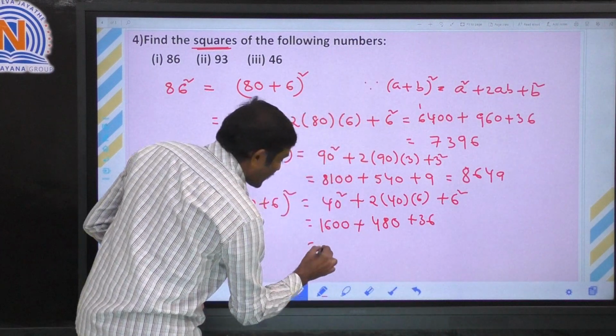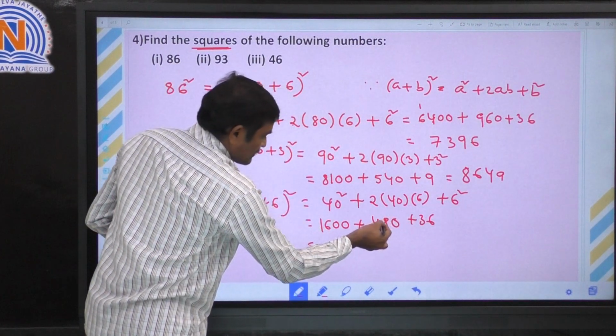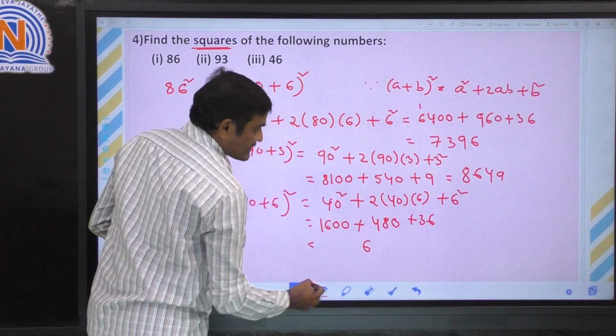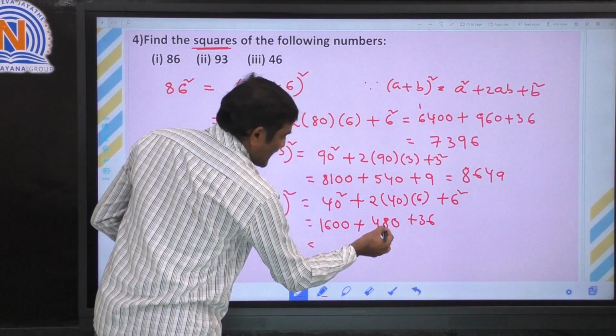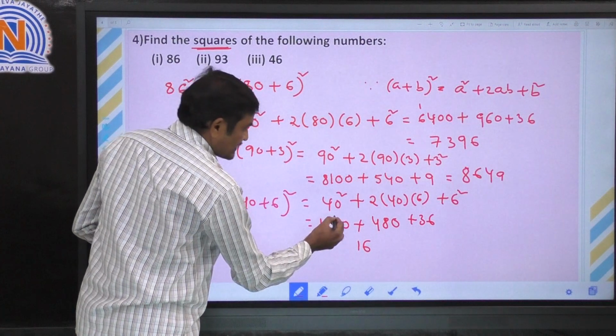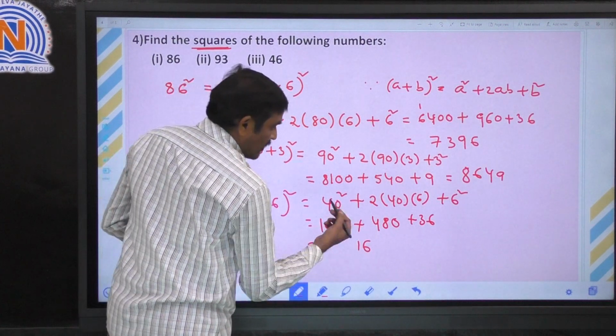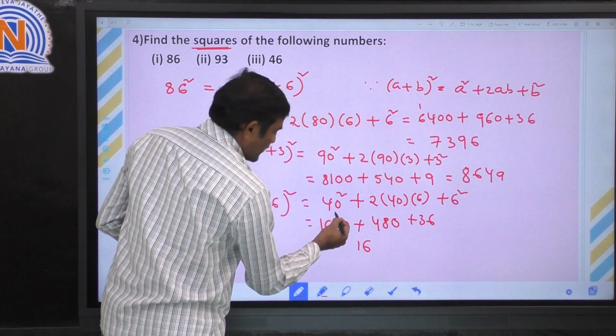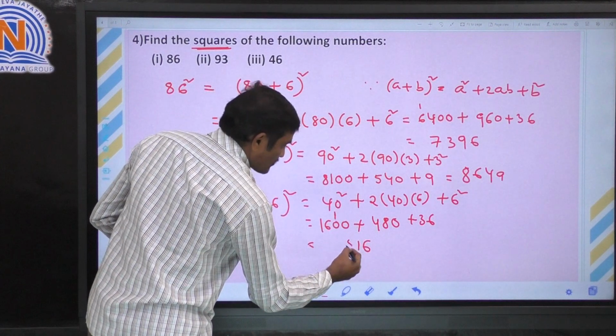So what is the total? Units digit is 6, tens digit 3 plus 8, 11. Here tens digit 1. Now the hundreds digit, 4, here one more is left, 4 plus 1 is 5.